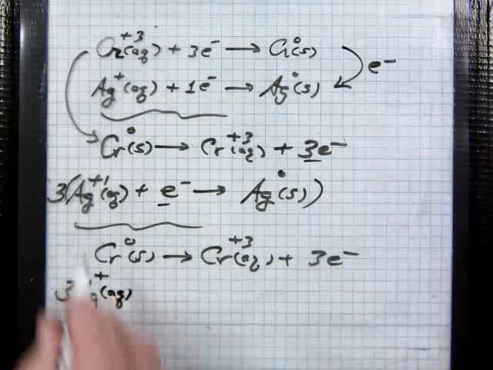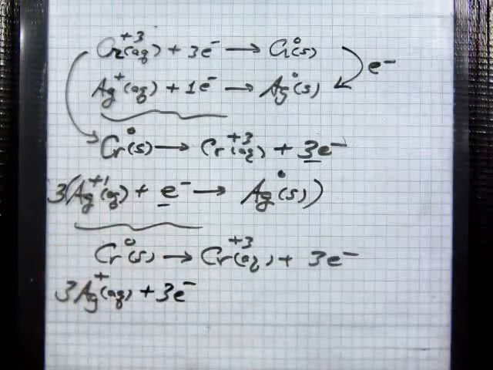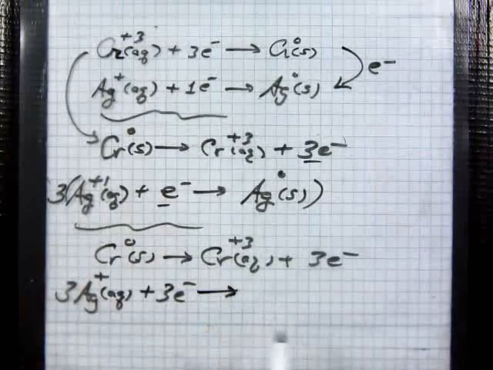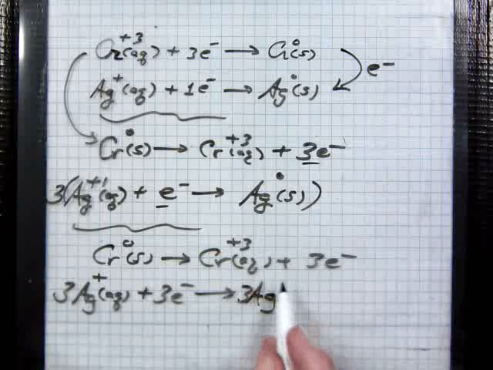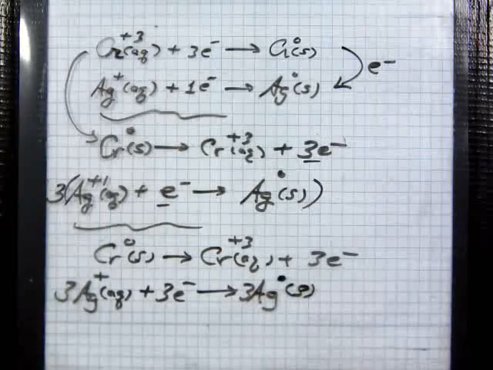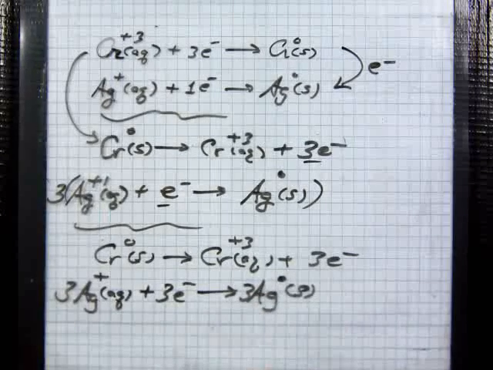You don't have to write the 1 up there, plus 3 electrons now. So you increase the number of electrons, and you get 3 silver atoms in reduced form, basic standard states. Now we have them at the same number. Now we've got a balance of charge.